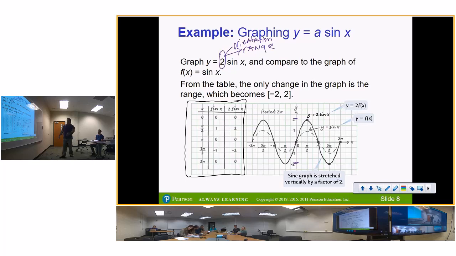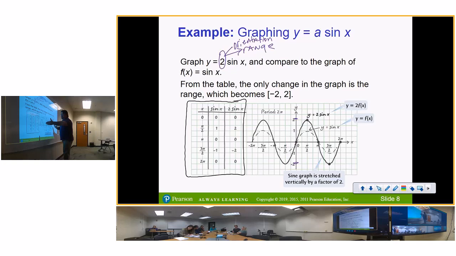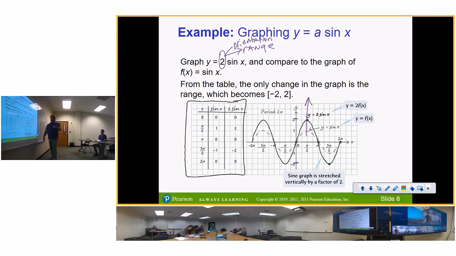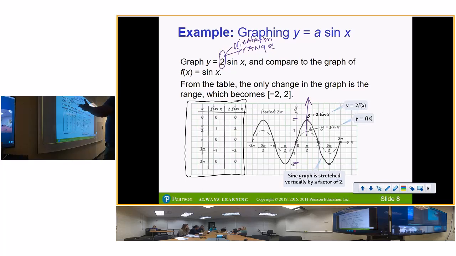You can't squeeze a round peg in a square hole. You can't compress this sine curve and not let the y go what? Up. It can't happen. So the amplitude, if they call it amplitude yet, they probably will, has a direct relation to the range with the cosine and the sine curve.